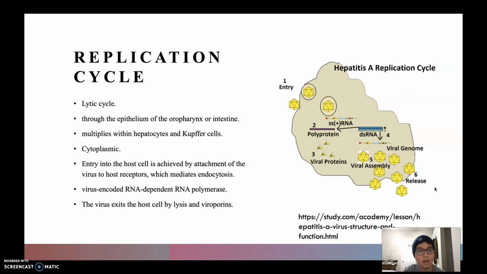So entry into the host cell, of course, is achieved by attachment of the virus to the host receptors, which mediates endocytosis.